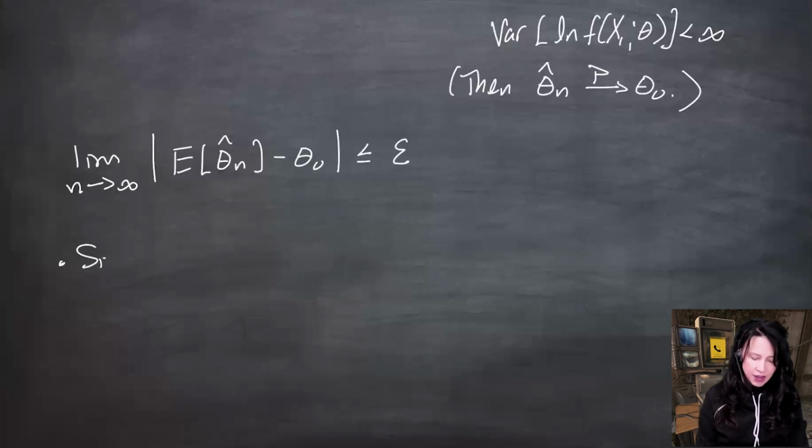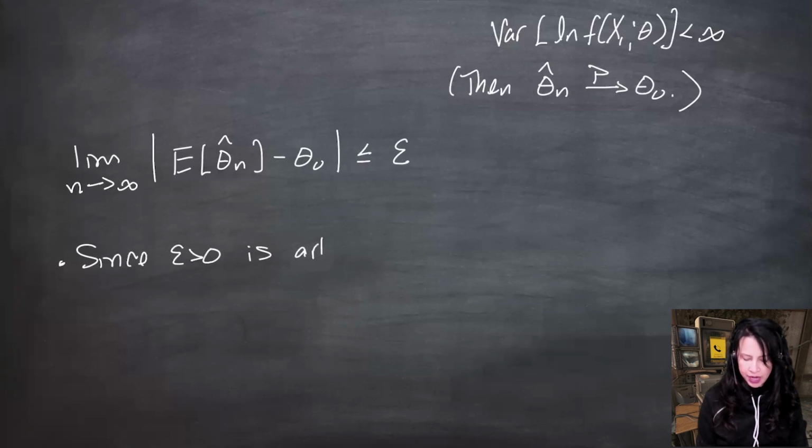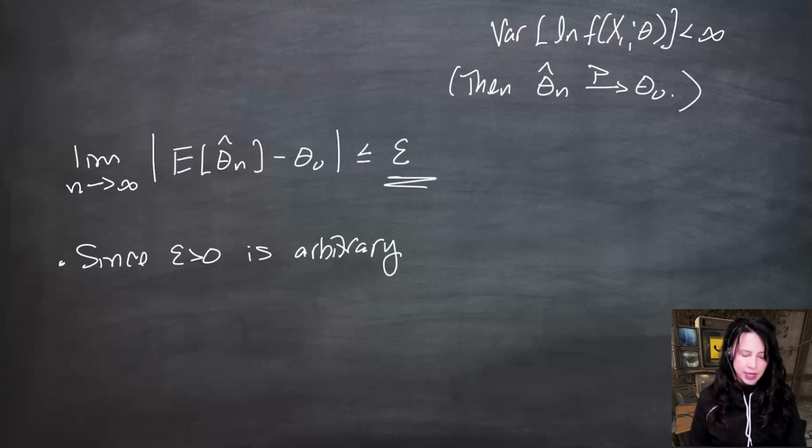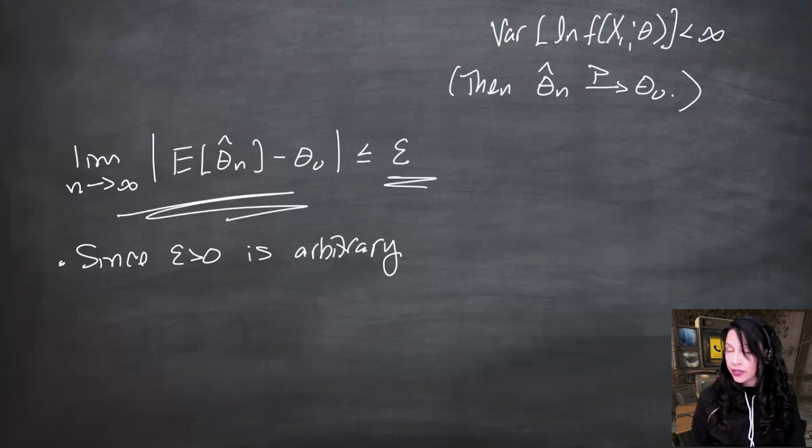To finish this off, since epsilon greater than 0 is arbitrary, we just chose any one of them, then we can get this as small as we want, which means that this limit is going to 0. Why is that? Because if you think the limit is going to be 0.000000010090006, choose your epsilon smaller.